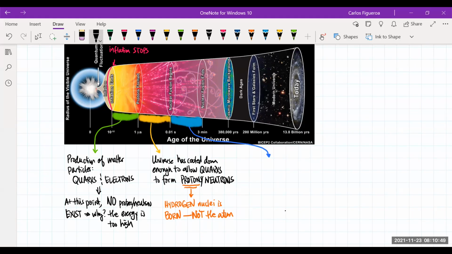So what happens now at nuclear fusion, the next 3 nuclei are born. So what you find here is that hydrogen can then form with deuterium, which is hydrogen 2, and the first thing that they make is helium.